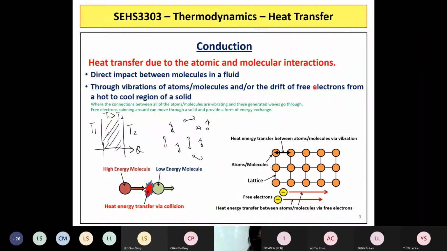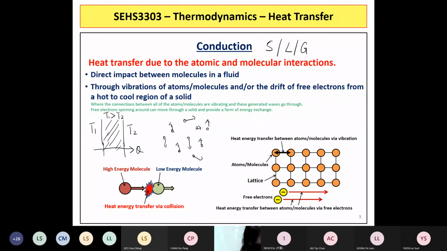Here you should pay attention. Conduction can happen inside a solid and a fluid. When we say fluid, that should be a liquid and a gas, right?